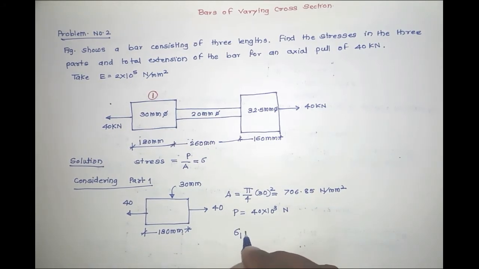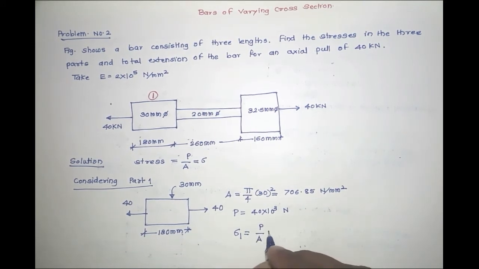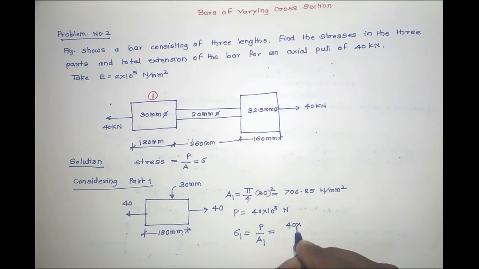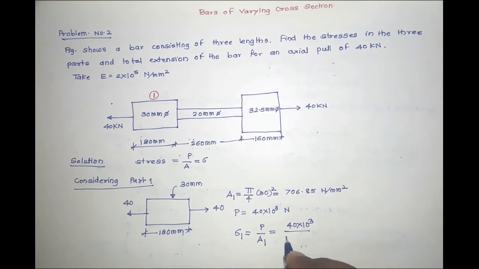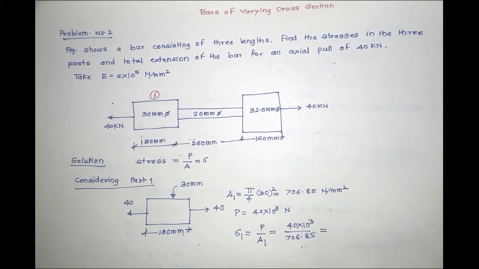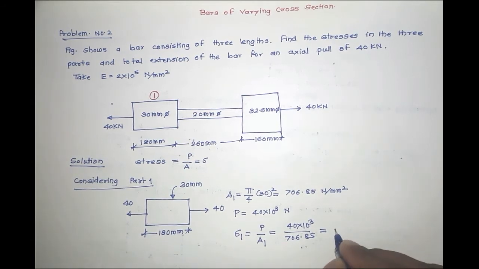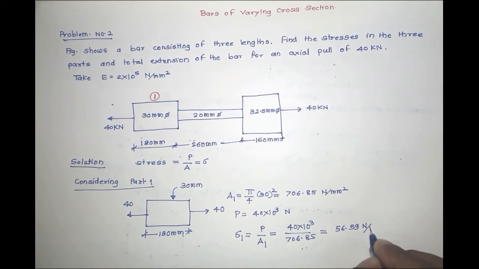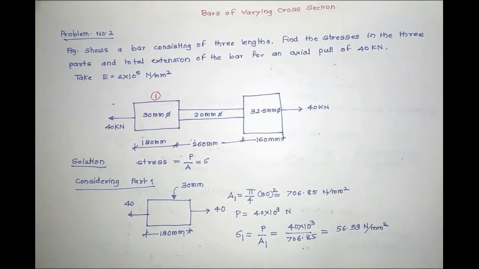Sigma 1, the stress in the first part, equals P divided by A1, which is 40 into 10 to the power 3 divided by 706.85, so it becomes 56.59 Newton per millimeter square. This is the first part.